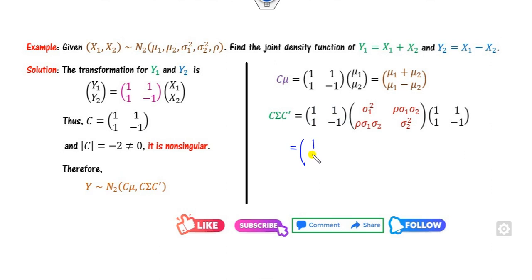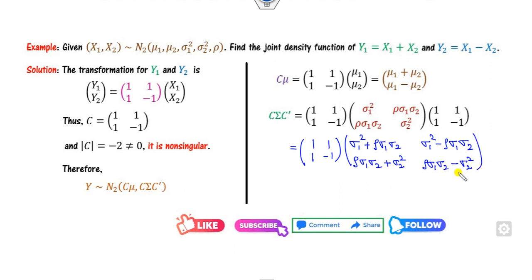How you can multiply them is, first row first column: sigma 1 square plus rho sigma 1 sigma 2, then sigma 1 square minus rho sigma 1 sigma 2, then this rho sigma 1 sigma 2 plus sigma 2 square, then rho sigma 1 sigma 2 minus sigma 2 square.